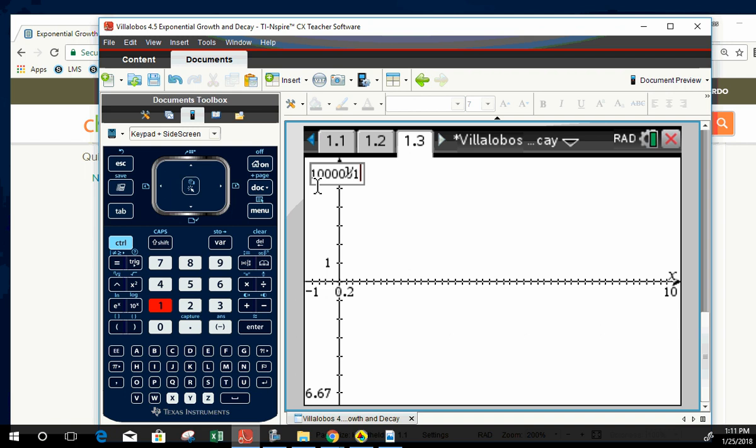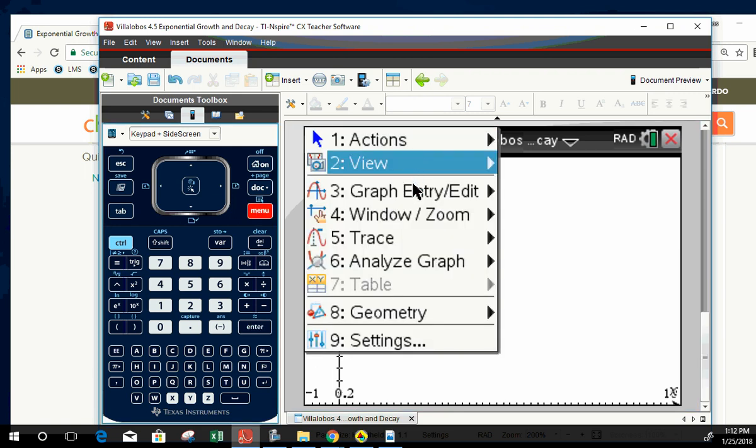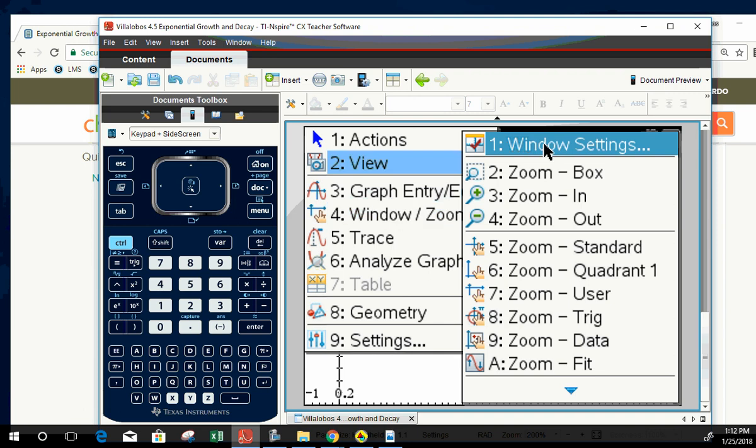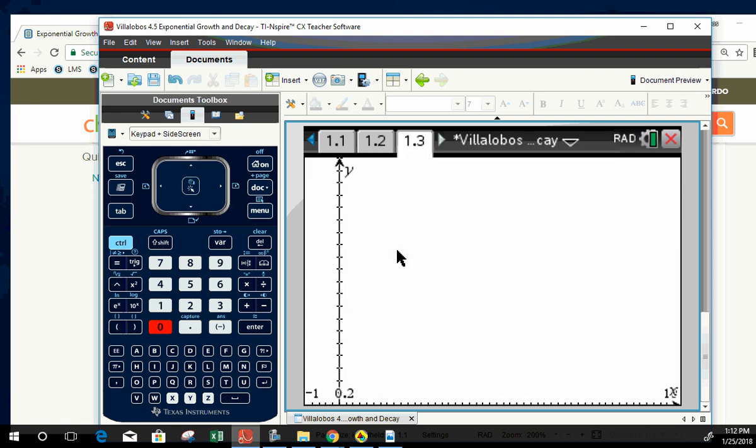And then down here on the X axis, maybe that's harder to see. Let's go menu, window, settings. Here's at -6, put it at -1, 1, 2, 3, 4. So maybe I can see a little bit better, but okay, there's this.